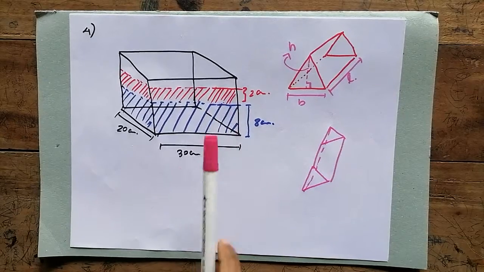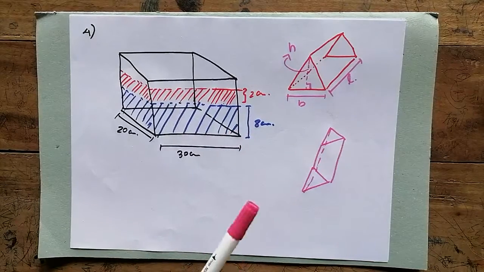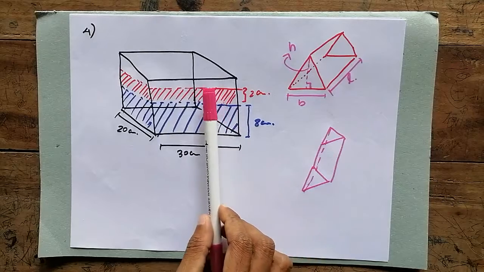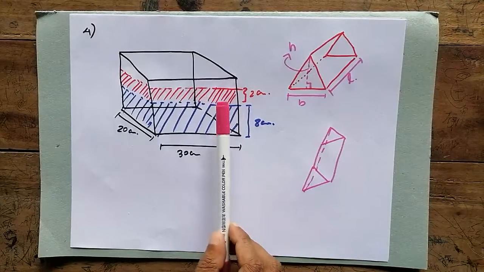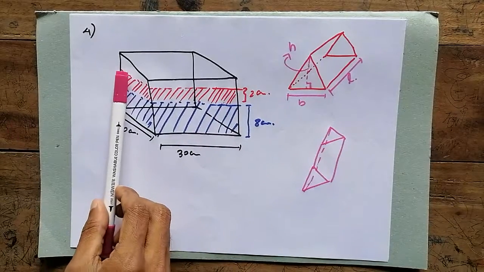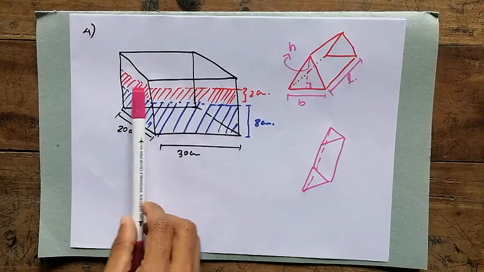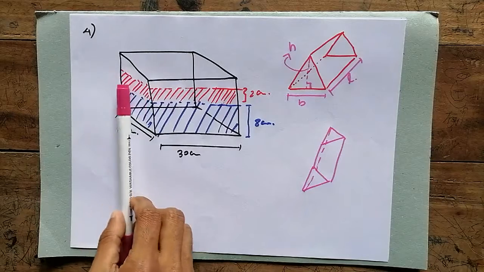When you want to find the volume of the water which rises up, if you imagine this red color part, it is also in the shape of a cuboid.